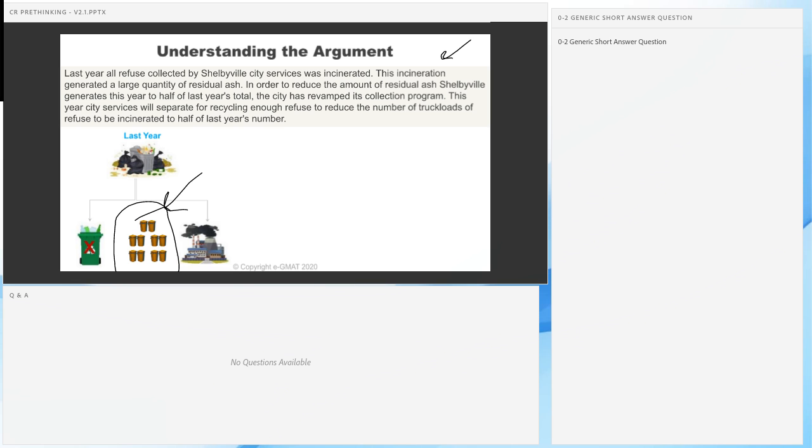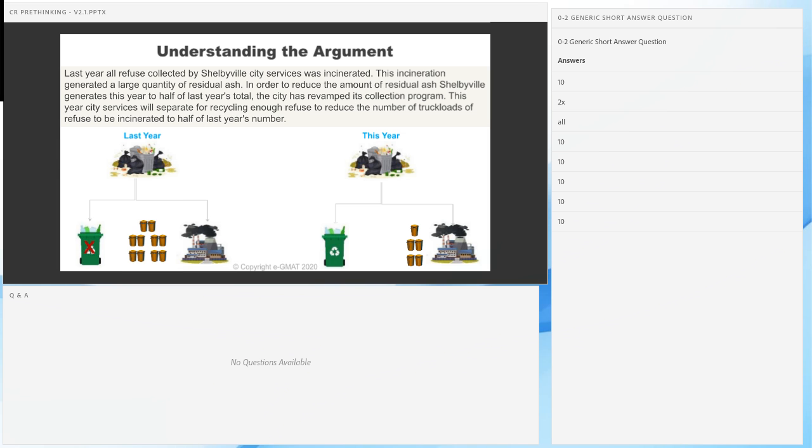So how many truckloads did we burn or incinerate last year? If one trash can is one truckload, can you count the number of trash cans? 10.